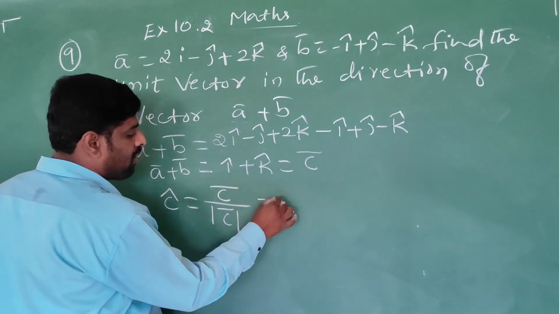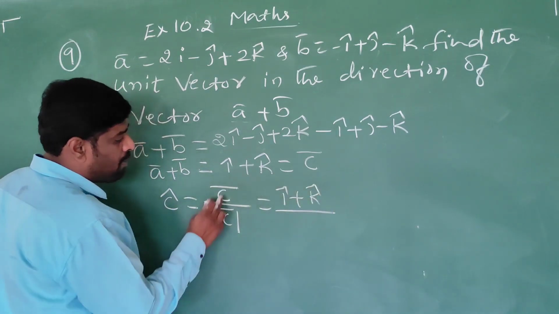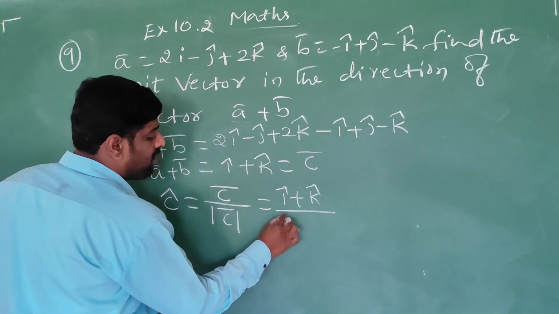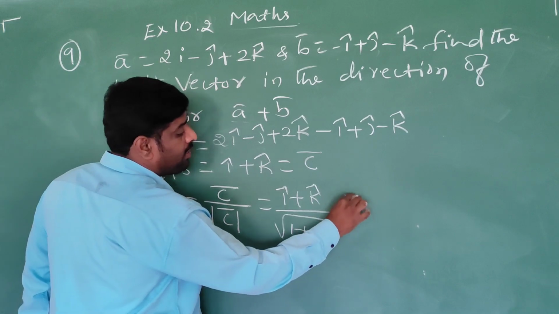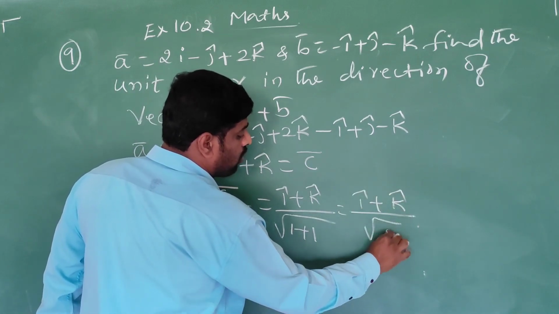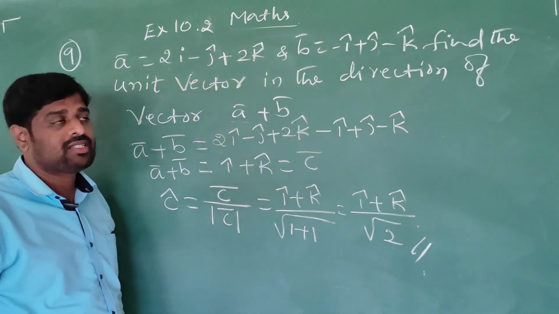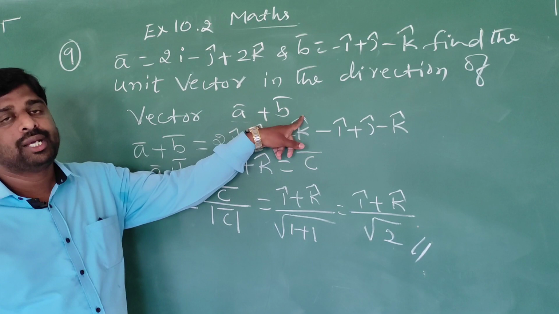What is c bar? i cap plus k cap divided by square root of 1 plus 1, that is i cap plus k cap divided by root 2. So this is the unit vector in the direction of a bar plus b bar.